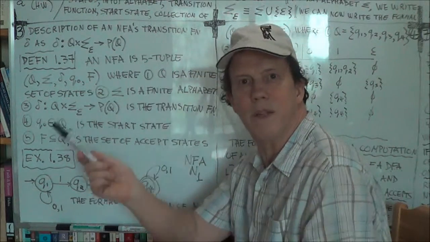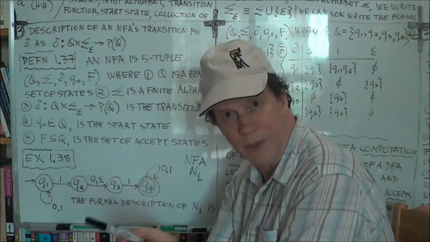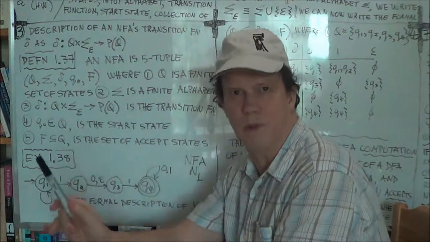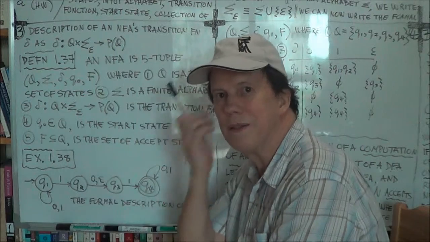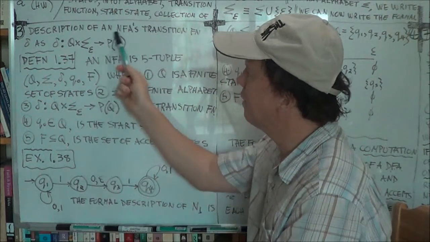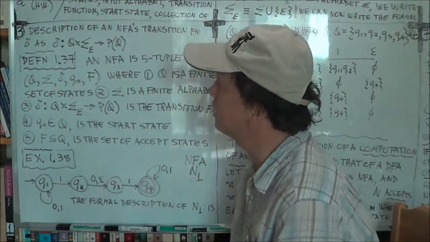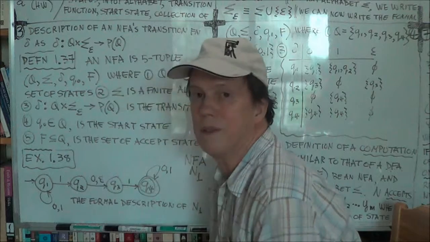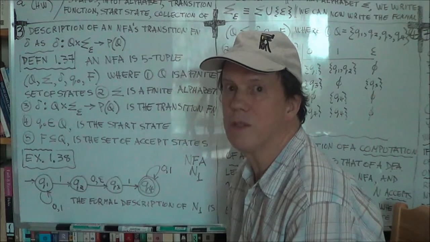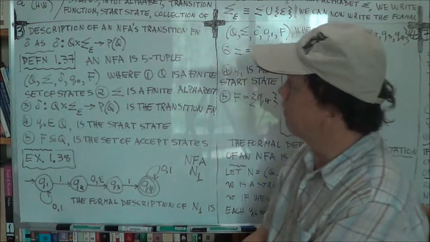Well, that set of states would be a member of the power set, right? Because the power set covers all possible subsets. So you can't go wrong, right? Any subset will be a member of the power set. So that's your formal definition for the transition function, your delta.